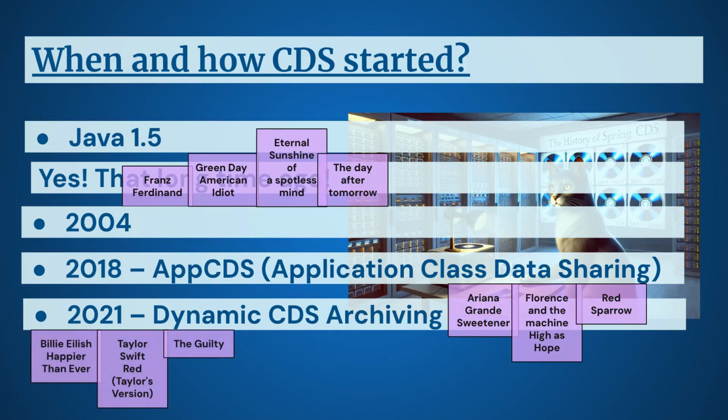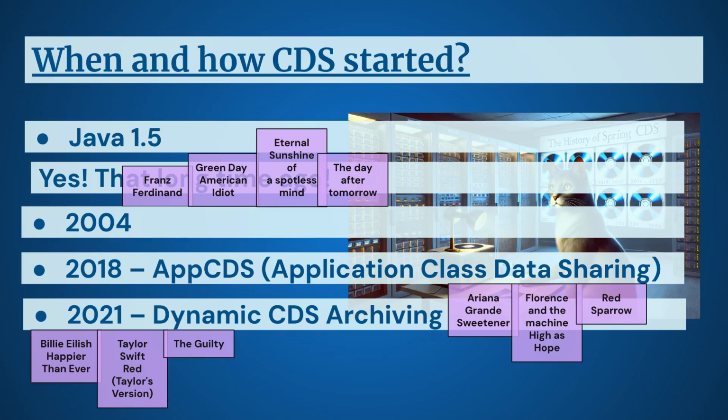In 2021, dynamic CDS archiving was available, and it was available also with Spring Boot. And this just means that we could restart our applications, and our class data sharing archive was now able to refresh itself and create a new one, which is very handy and useful when we are developing applications.